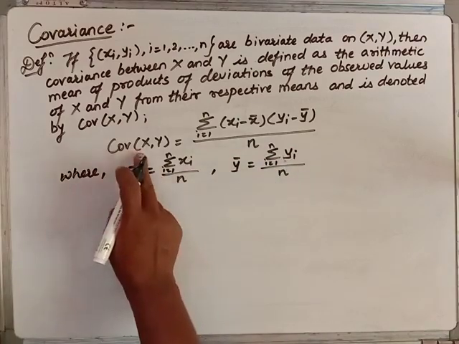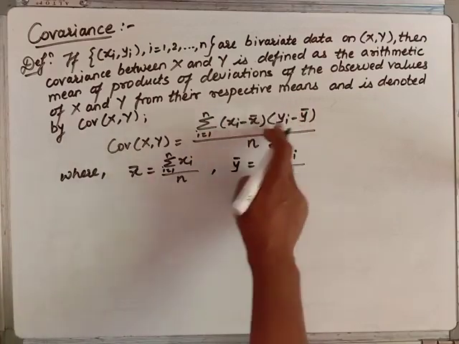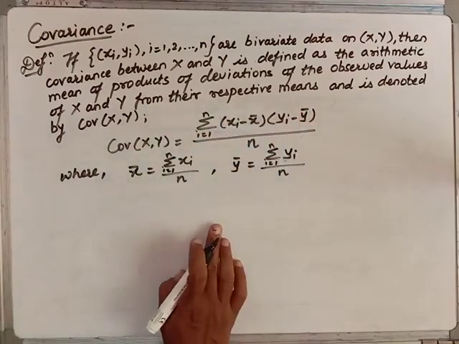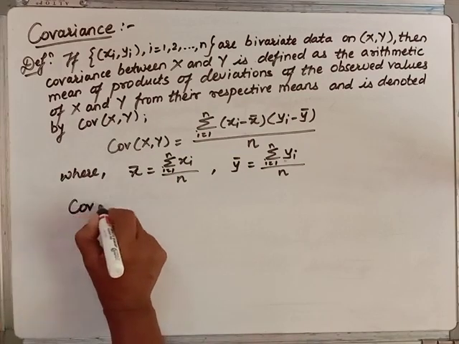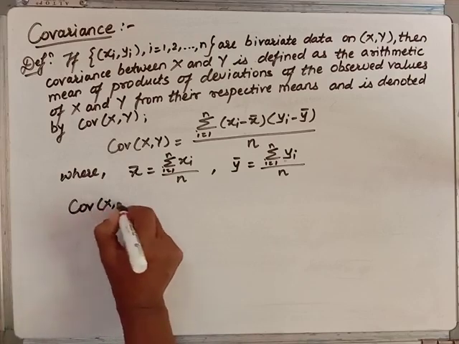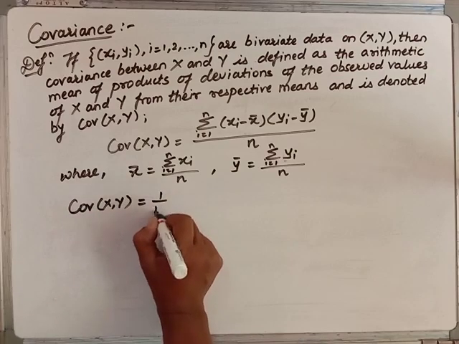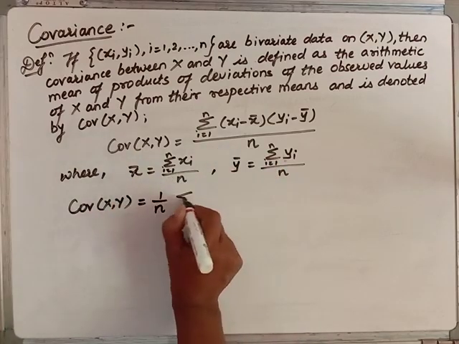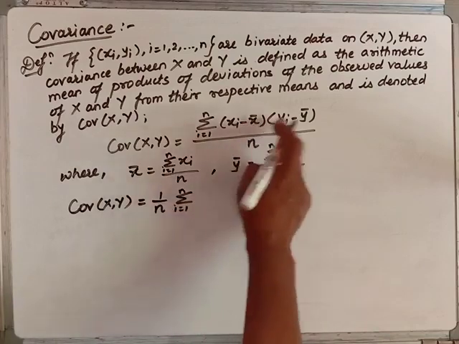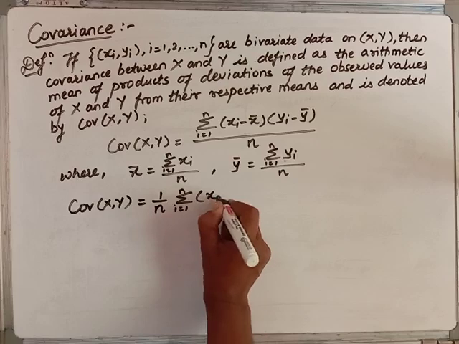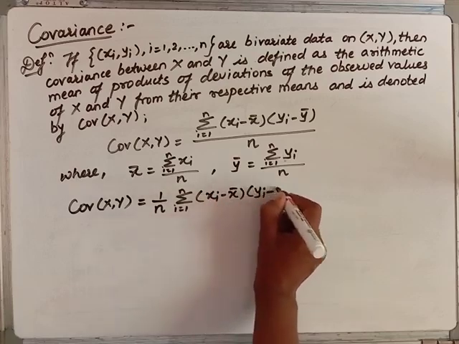Okay, now let's simplify it so that we can easily calculate this one. No need to obtain these deviations. So let's simplify it to some extent. Covariance x and y. Let me write this 1 upon n aside. The summation i goes from 1 to n is applicable for this product, xi minus x bar and yi minus y bar.